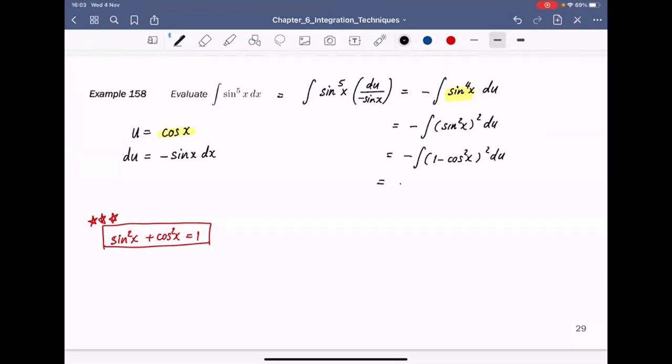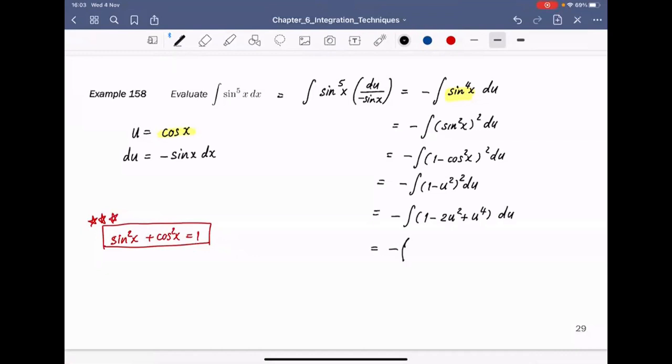And then here you're gonna have, wow, I feel so much better because this is integrate 1 minus u square, squared, du, right? And you expand it. So 1 minus 2u square plus u to the 4th power du, right? Expand square, and then you're gonna now integrate it.